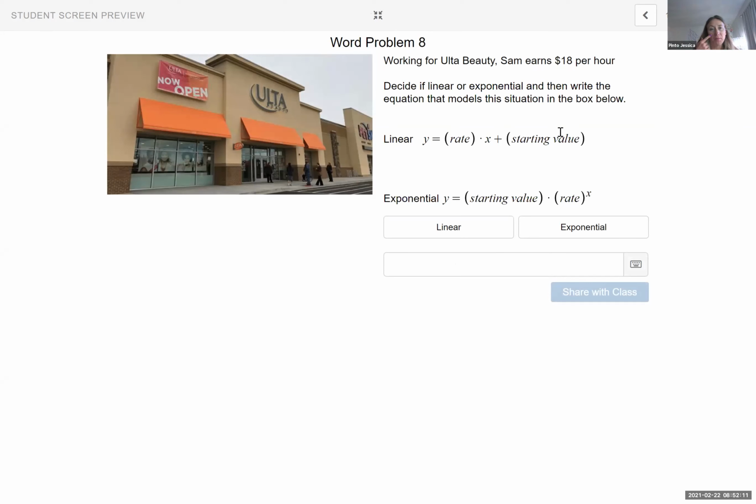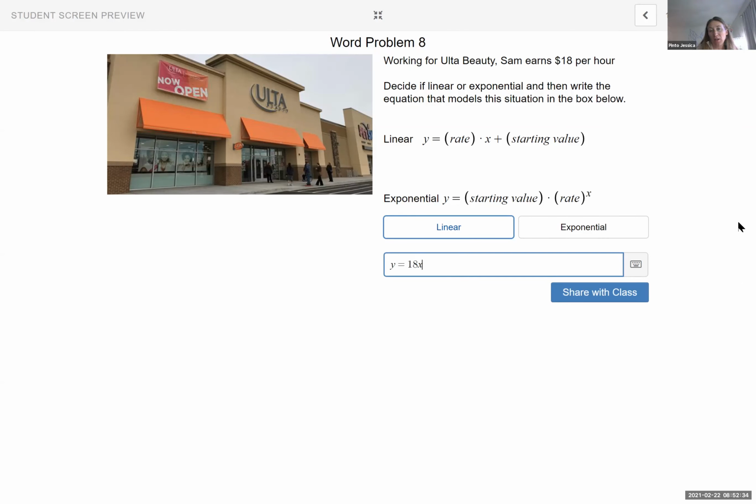And then here's word problem number 8. Working for Ulta Beauty, Sam earns $18 per hour. And so I don't see anything about the starting value there, which is very interesting. I know that hourly pay is linear. It's y equals 18 per hour x.